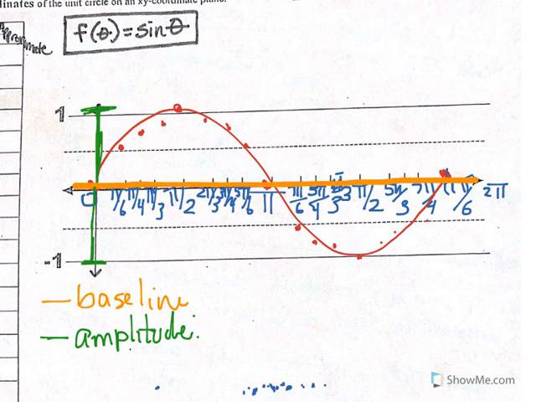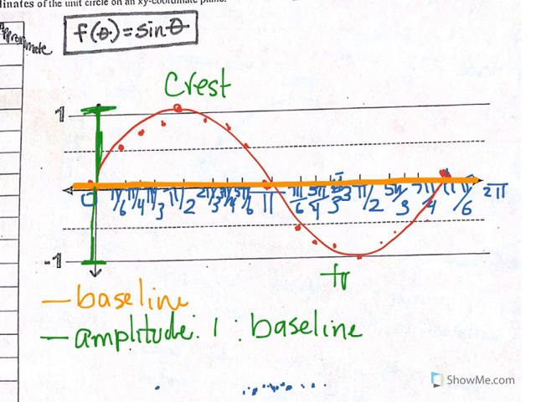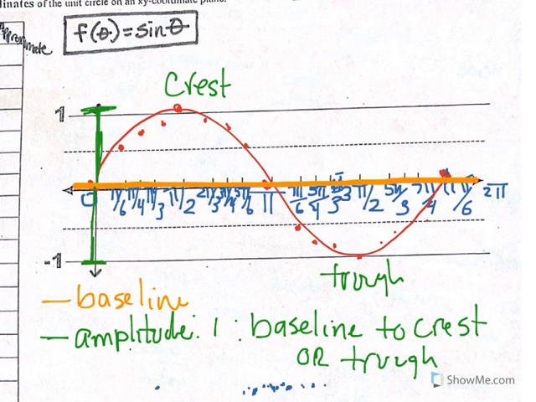So the amplitude is 1. And remember, it's from baseline, and we're going to label the top here the crest, and the bottom the trough. So baseline to crest or trough.